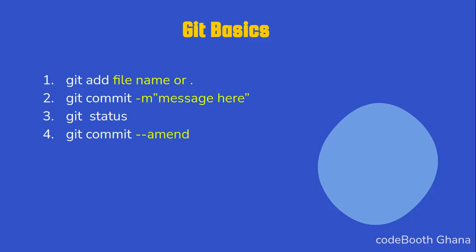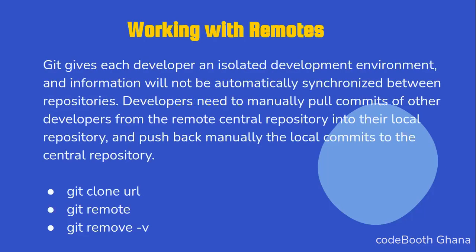But if you use git amend, it's going to remove 1, 2 and automatically replace them with 1, 2, 3. Please, is that clear? Yeah, that's clear. Okay, let's move on to the next one.